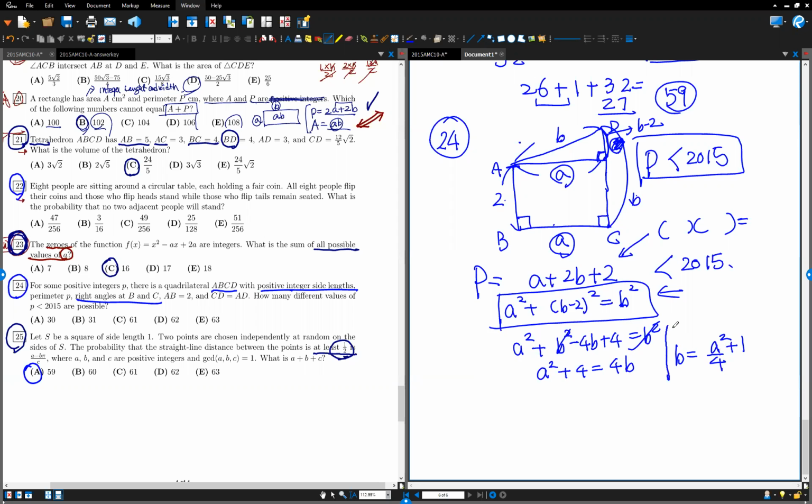That's it. A is an integer, B is also an integer. But you have to keep this before you substitute. Keep this in your mind. That's the scale.